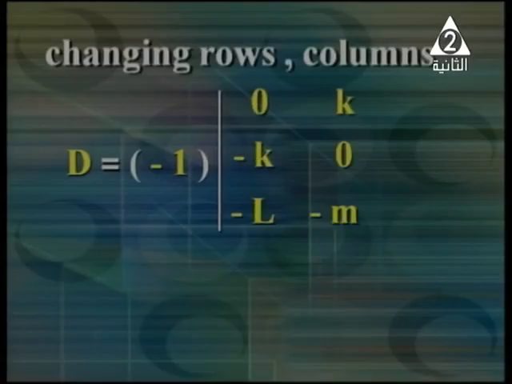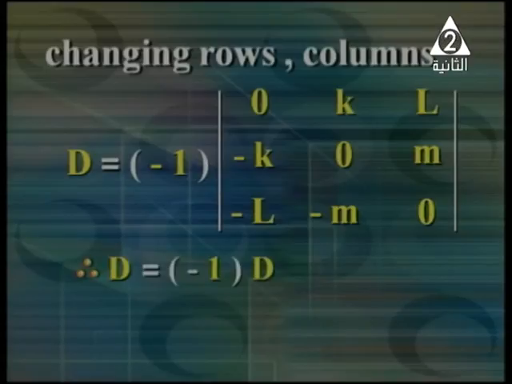By taking -1 as common factor and changing rows into columns, the determinant equals -1 multiplied by the determinant 0, K, L; negative K, 0, M; negative L, negative M, 0.